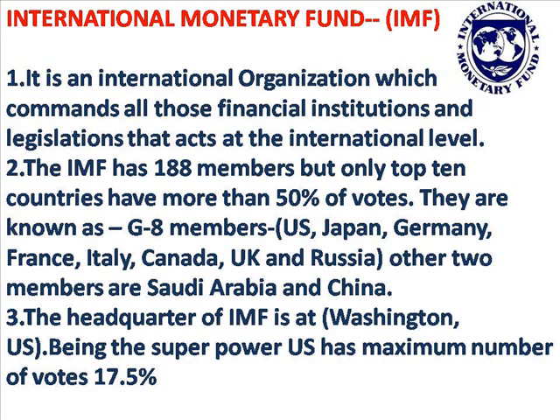These countries are known as G8 members: US, Japan, Germany, France, Italy, Canada, UK and Russia. Other 2 members are Saudi Arabia and China. The headquarters of IMF is at Washington in US. Being the superpower, the US has the maximum number of votes, that is 17.5%.